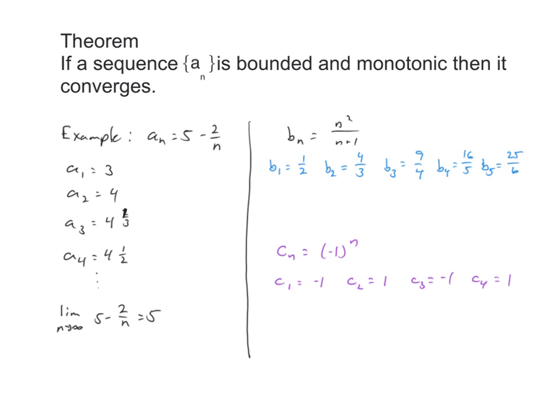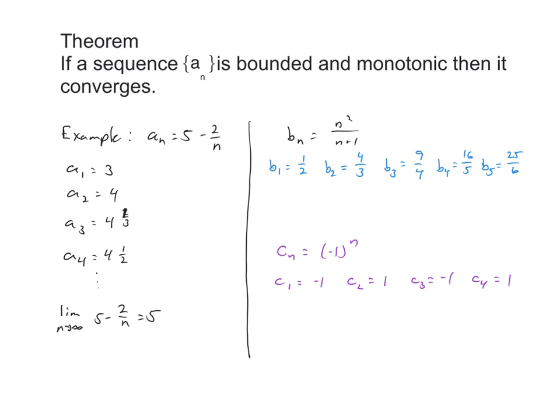So I know that our sequence converges to 5, and 5 happens to be, in this case, an upper bound of our sequence. So this sequence is bounded and it's monotonic, therefore I know it converges.